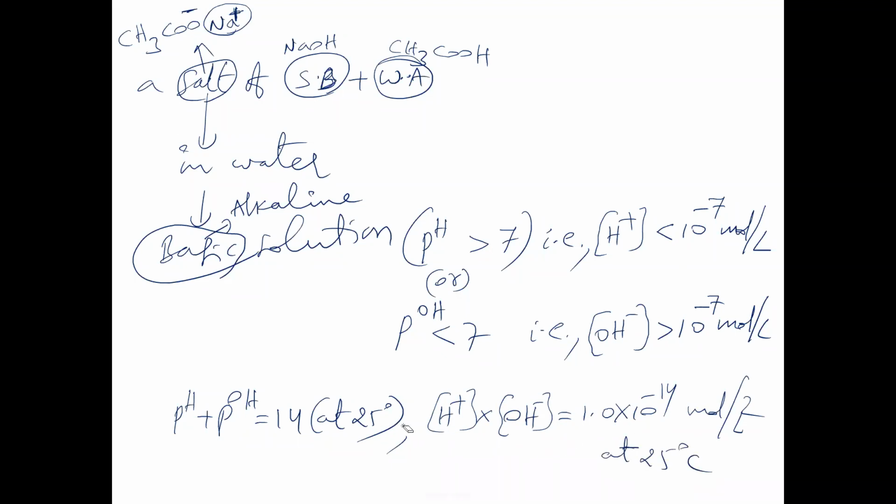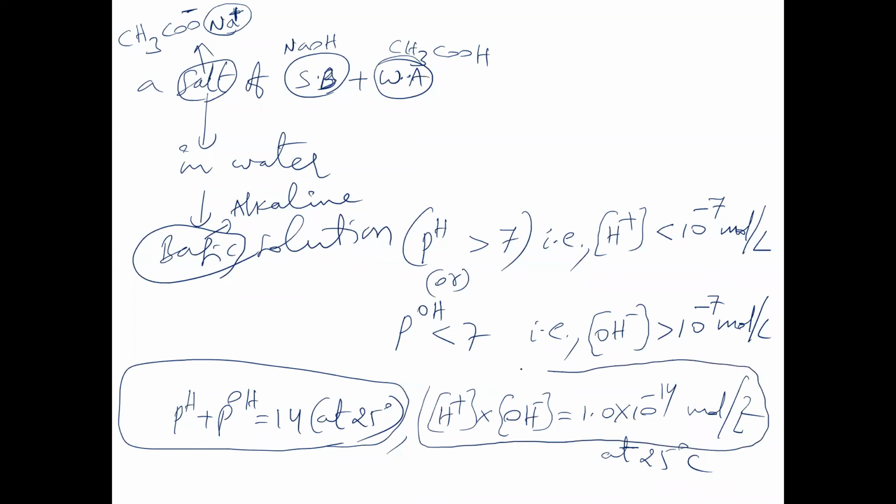So this relationship you have to understand. It is one relation between pH and pOH, and another between H plus ion concentration into OH minus ion concentration. Is the concept clear? So the nature of the solution, acidic or basic, we have to understand.